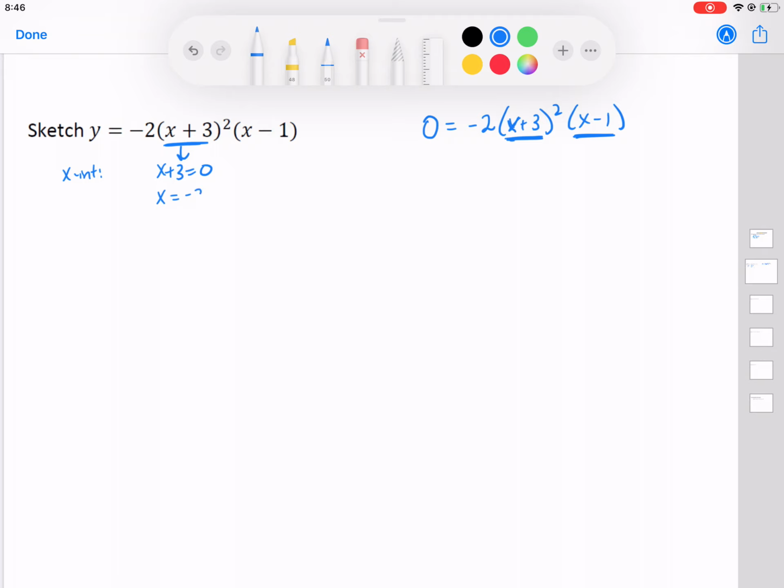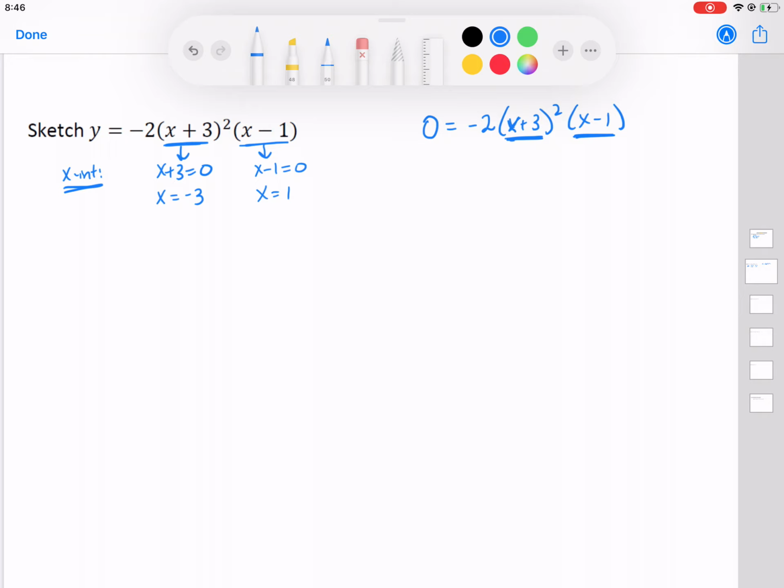If you solve, you get x equals negative 3. The reason this works is because if we plug negative 3 in for x, negative 3 plus 3 is 0, and then this 0 is being multiplied by the negative 2 and this x minus 1. So the entire equation will end up being 0. Same thing over here. We're going to figure out what makes x minus 1 equal 0, and that's going to be our other x-intercept.